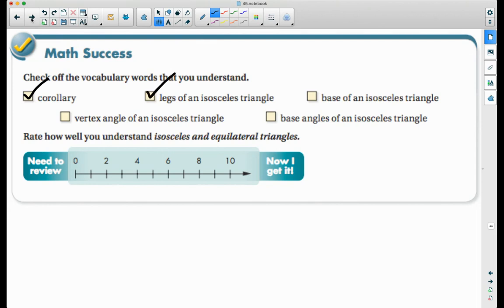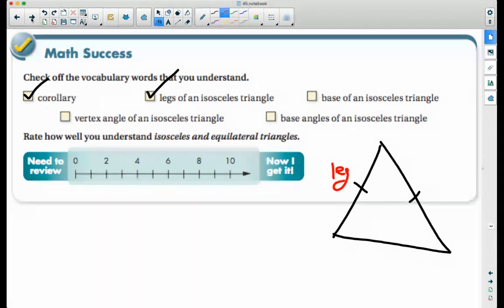The legs of an isosceles triangle: if we have an isosceles triangle right here, the legs are the two congruent sides. The base of an isosceles triangle is the odd one out.